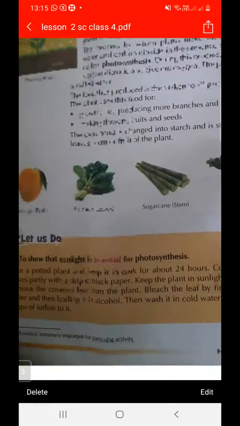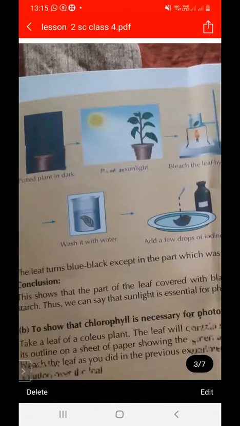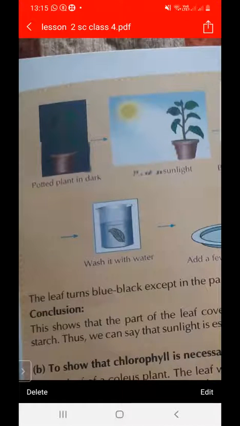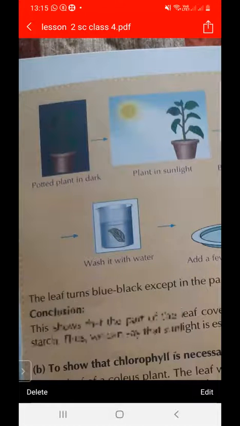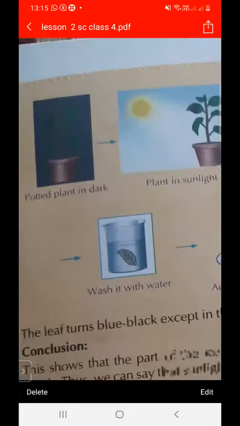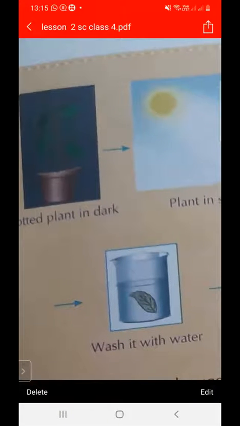Firstly, we'll take a potted plant and keep it in the dark. What do we mean by dark place? Where no sunlight exists. Take one of its leaves and half cover it with black paper, keep this arrangement in the dark, and remove the leaf from the potted plant.